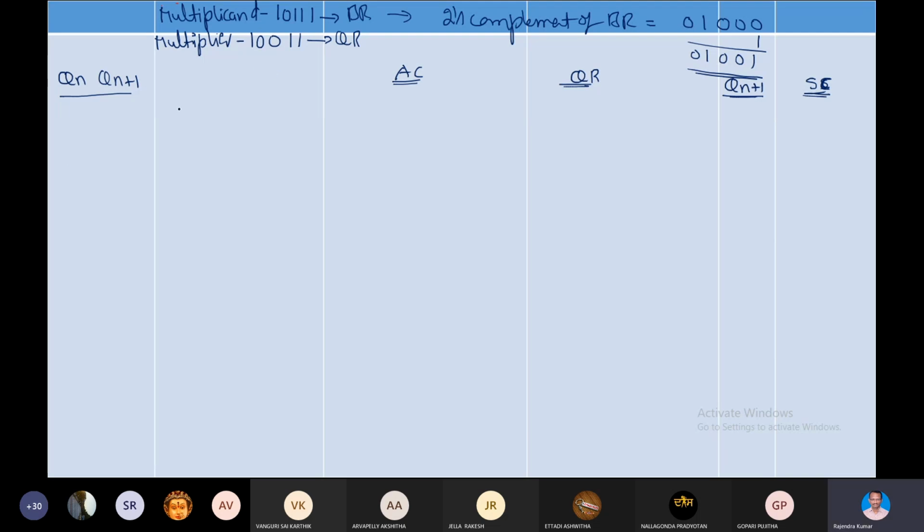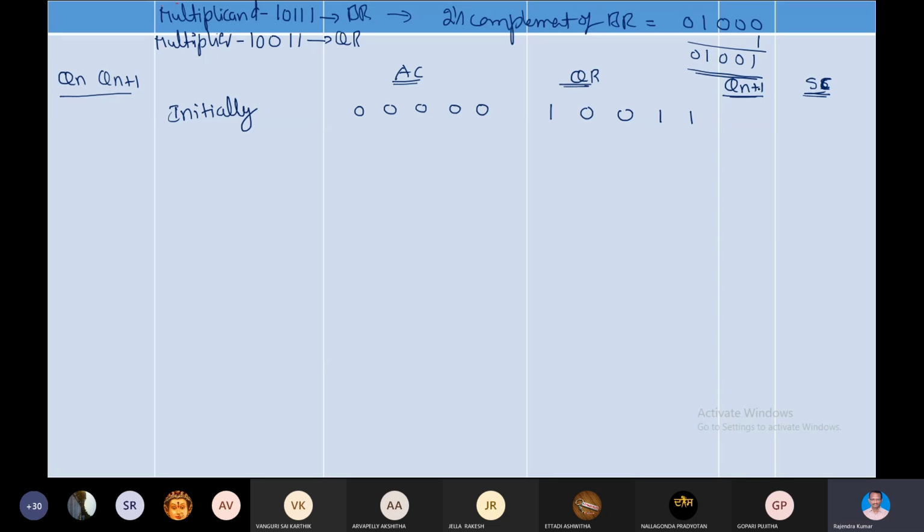Now, initially the accumulator contents are 0. The multiplier bits are 5 bits, so the accumulator contents are all 5 zeros. That is the first step in the flow chart: the accumulator is cleared. And QR is 1 0 0 1 1.